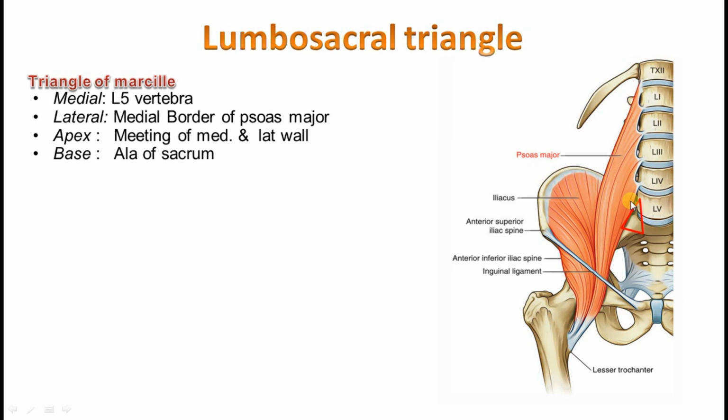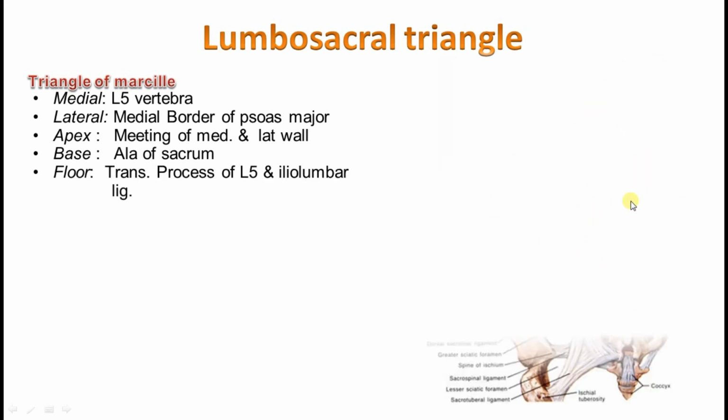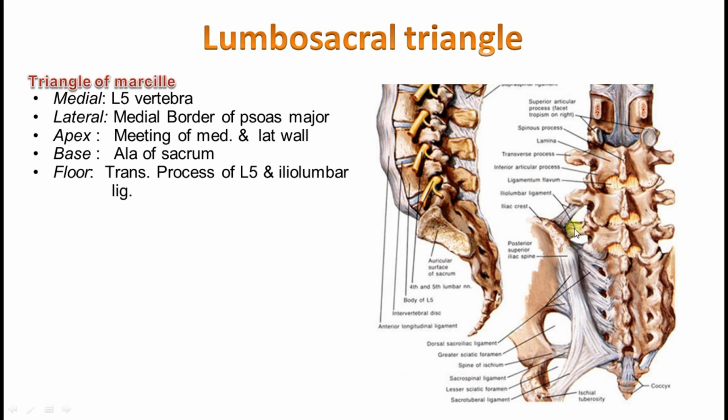The floor of the triangle is mainly formed by the transverse process of L5 and the iliolumbar ligament, which is a thickening of the thoracolumbar fascia.